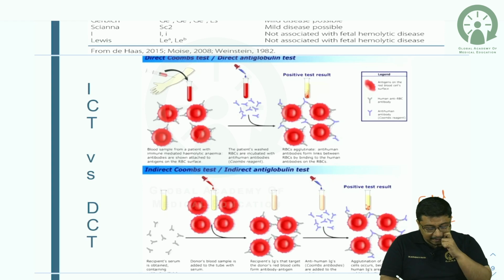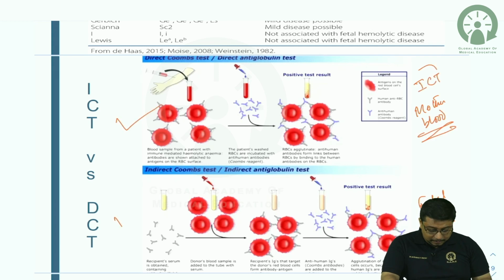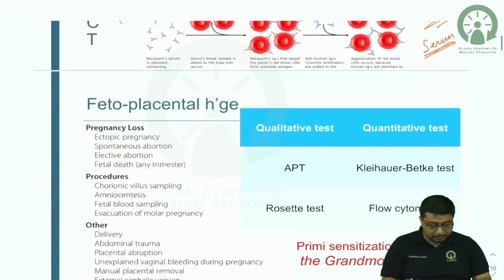Fetal blood is taken, fetal serum is taken, and testing is done for antibody. ICT, indirect, is from the mother's blood, and DCT, direct Coombs test, is from fetal blood. That's what you need to know.